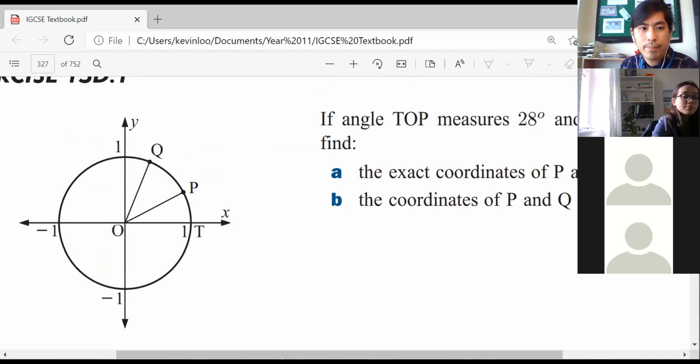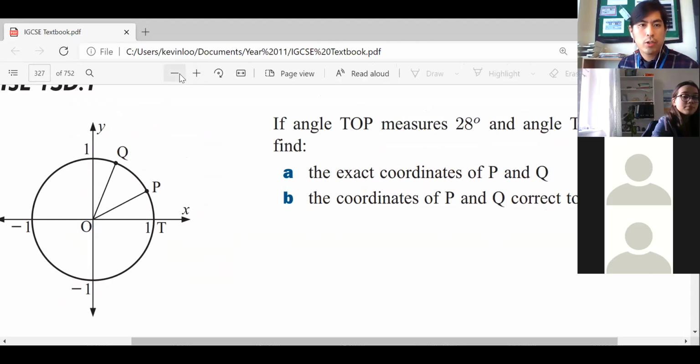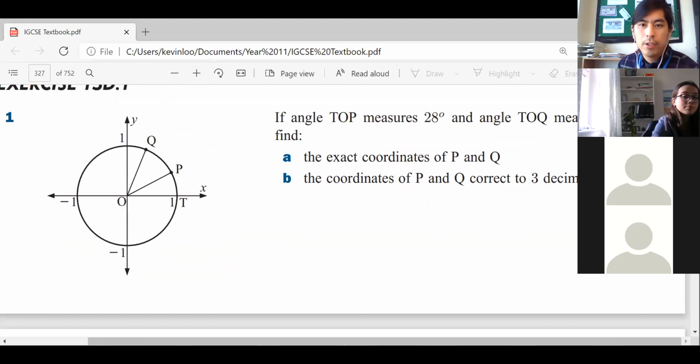Why don't we try this one together, okay? Let me zoom out a bit. Okay, so angle TOP is 28 degrees and TOQ is 68 degrees. What are the exact coordinates of P and Q? Then find them correct to 3 decimal places. Very easy.